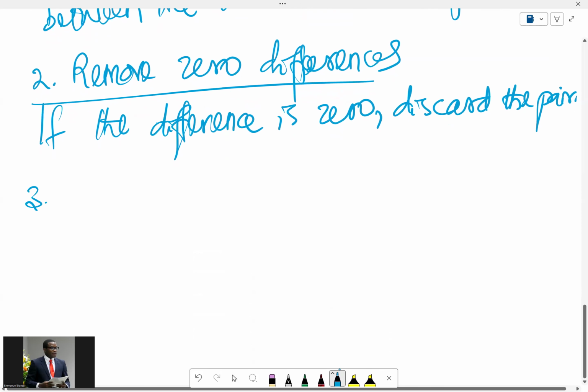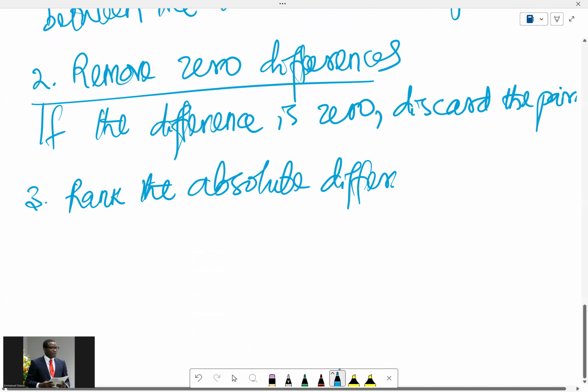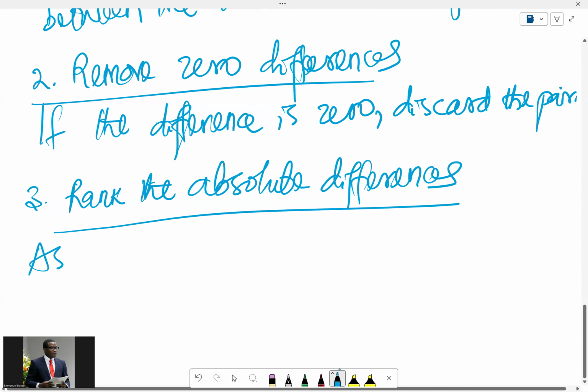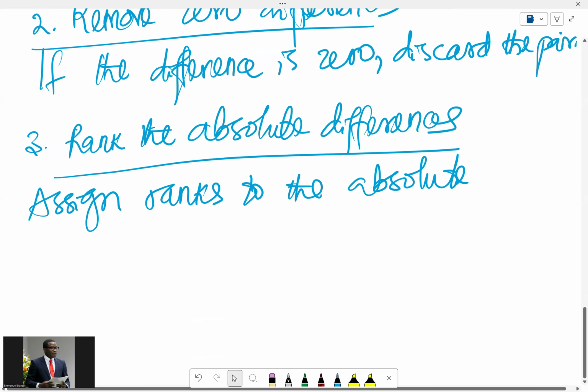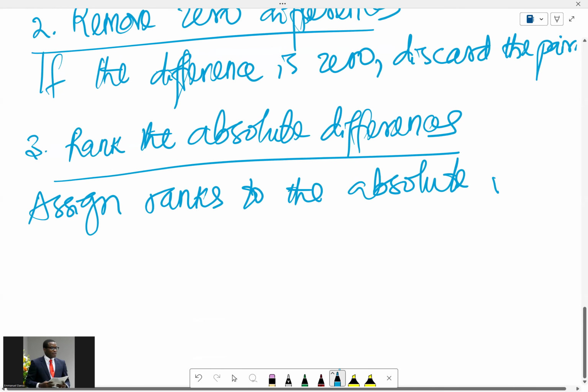Point three is to rank the absolute differences. So in this case, you assign ranks to the absolute values of the differences, ignoring the signs. That's what absolute is for.